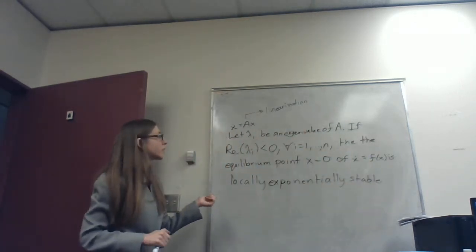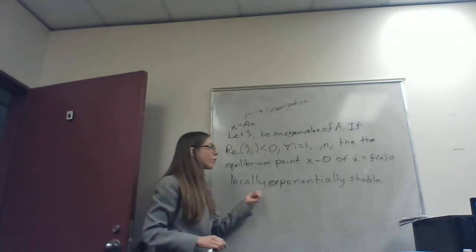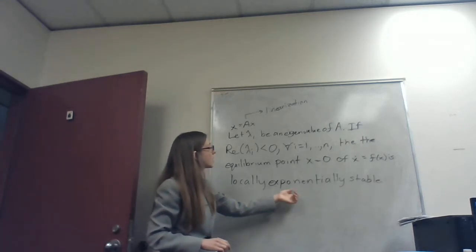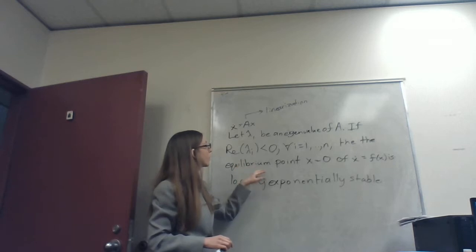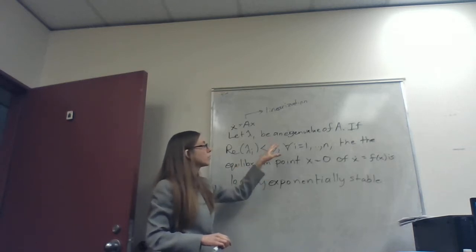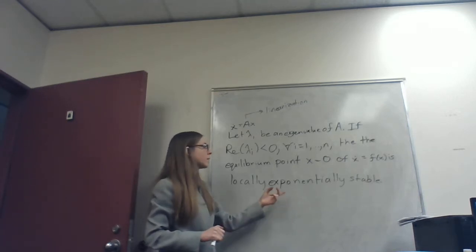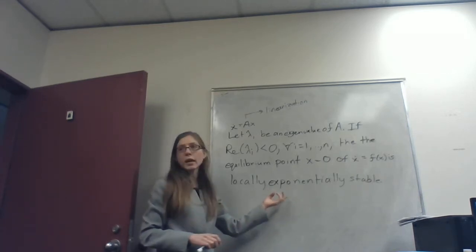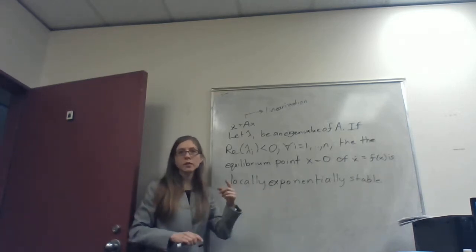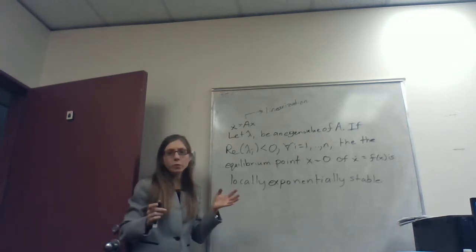So this tells you something that you can get from your linearization. This is again a local result, but it means that if you can get your origin and a linearization, and you see all your eigenvalues are negative, then you can say that the origin is locally exponentially stable. This expands our toolbox of what we can do.